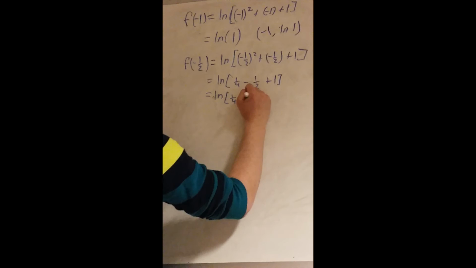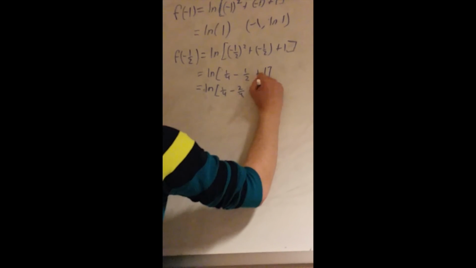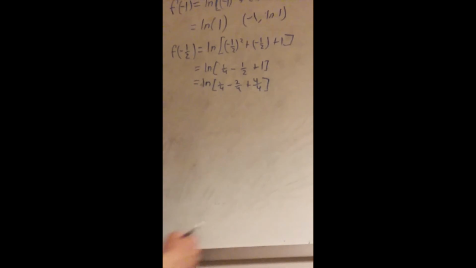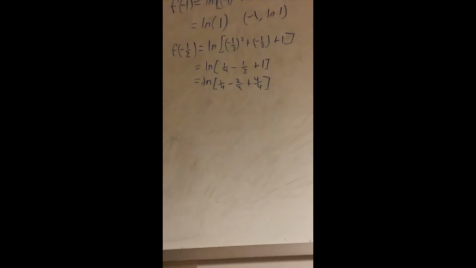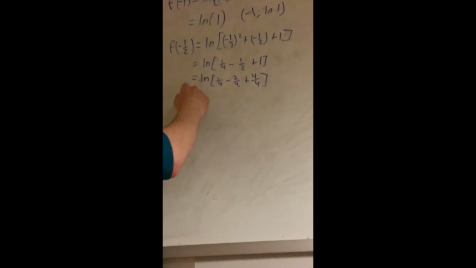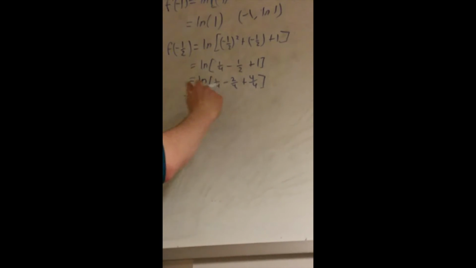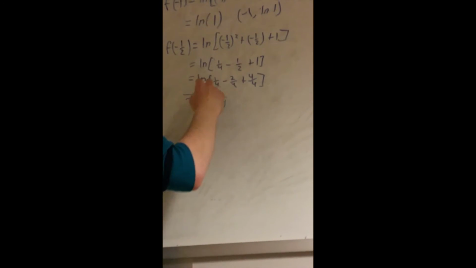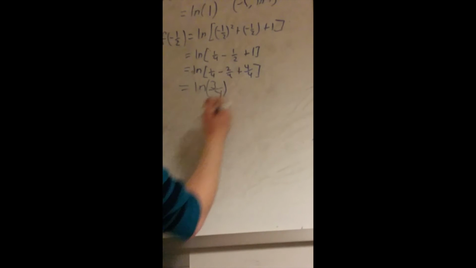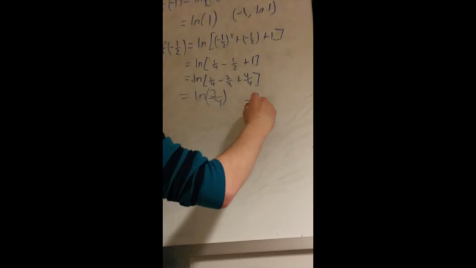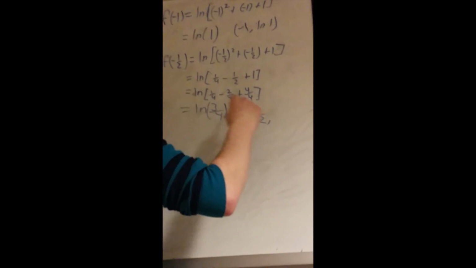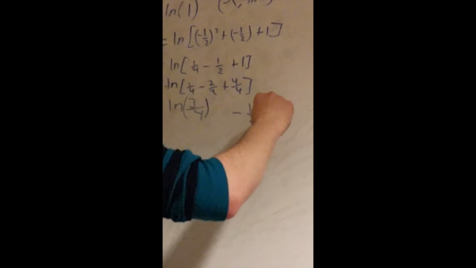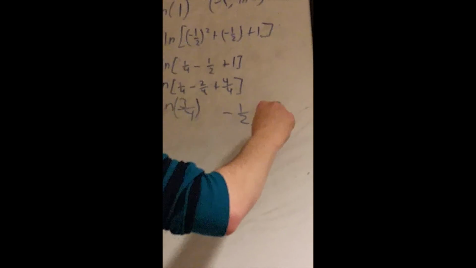Just common denominator quick. Ln of 1 over 4 minus 2 over 4 plus 4 over 4, which is going to be ln of 3 over 4. I believe, yep. Ln of 3 over 4. So this point is going to be negative 1/2 and ln 3 over 4.